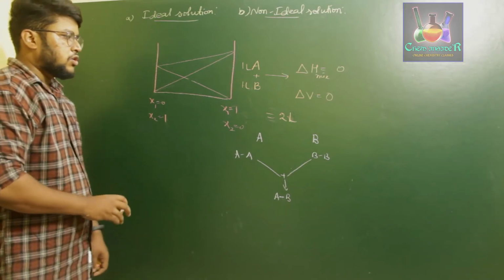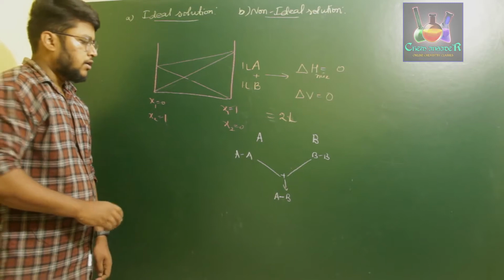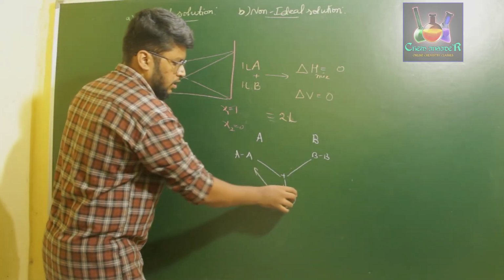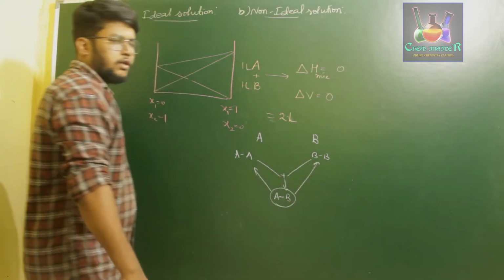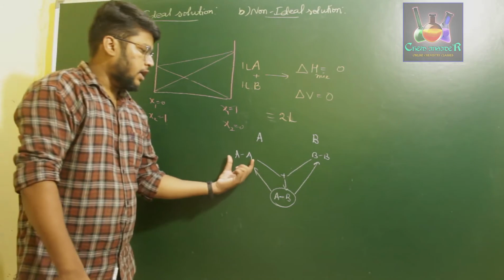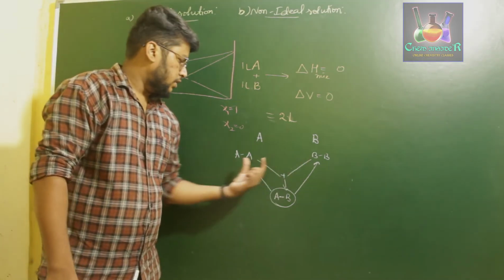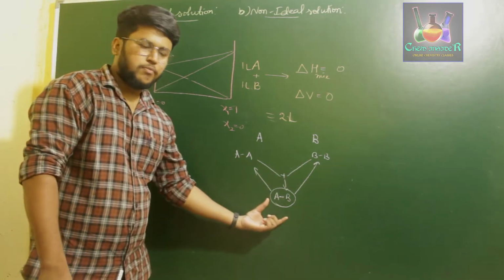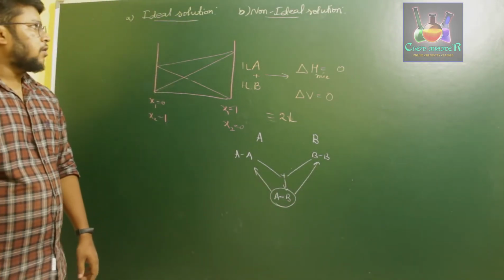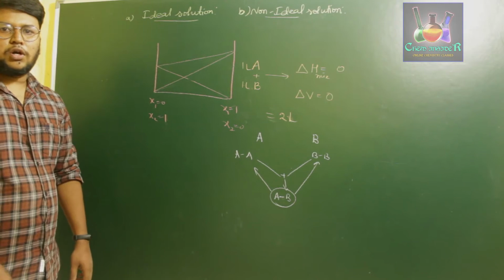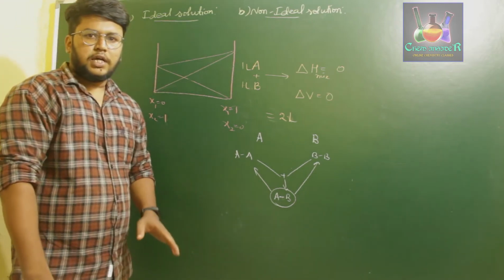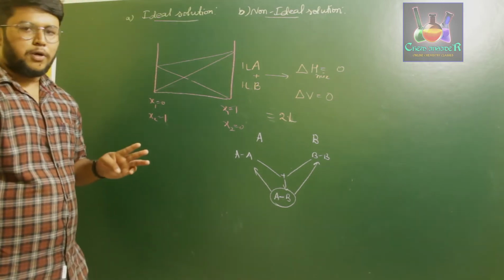In ideal solutions, the interactions will be similar to the interactions of their intermolecular liquid components. So if the interaction of AA is equal to AB, or the interaction of BB is equal to AB, then those types of liquid-liquid solutions are called ideal solutions. So now we can clearly say an ideal solution has three important properties.